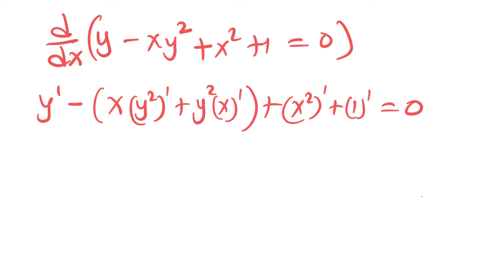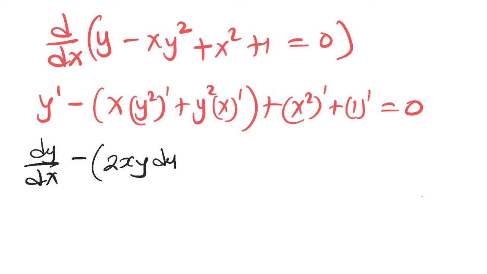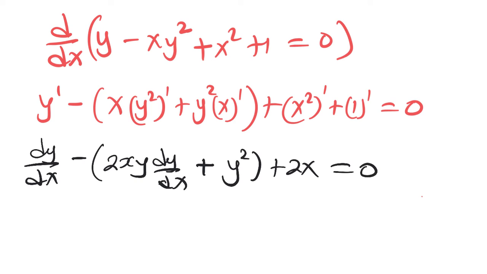So the derivative of y is dy dx, minus the derivative of y squared is 2y, so 2xy dy by dx, then plus y squared, the derivative of x is equal to 1, then plus 2x, equals 0. So the next step is to collect like terms.